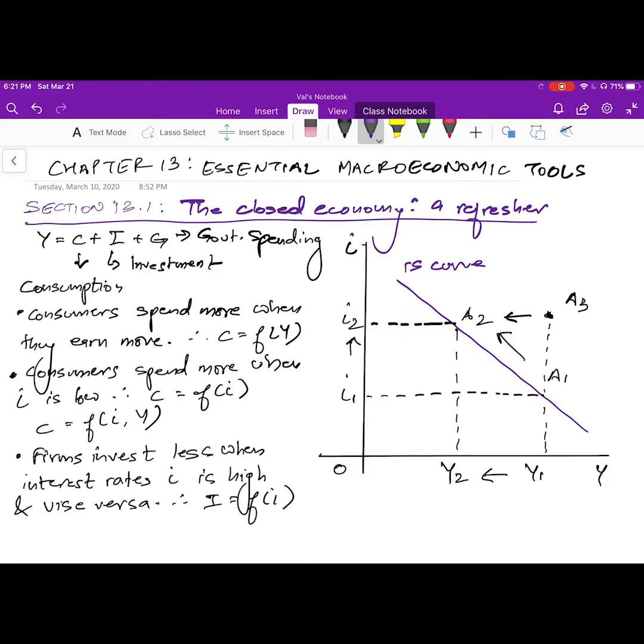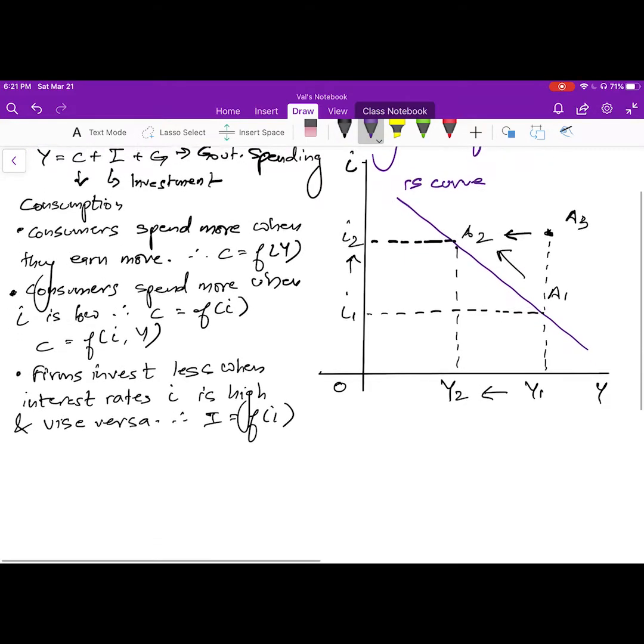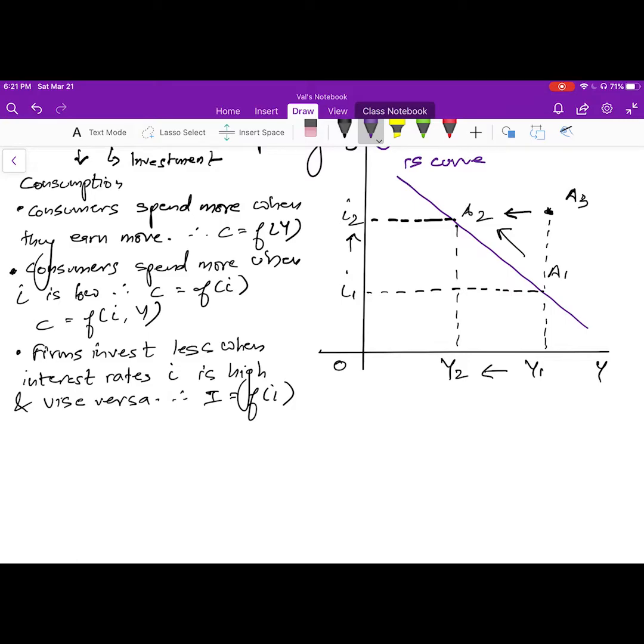Let's do section 13.2. I'm going to scroll up a little bit. So section 13.1.2, this is the financial markets and the role of monetary policy.